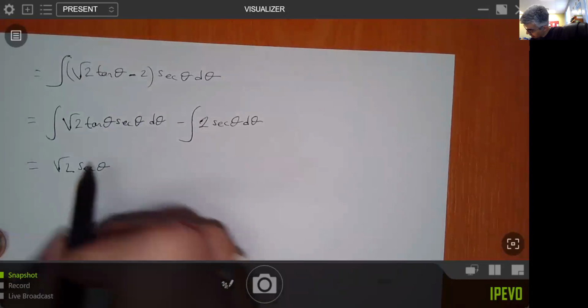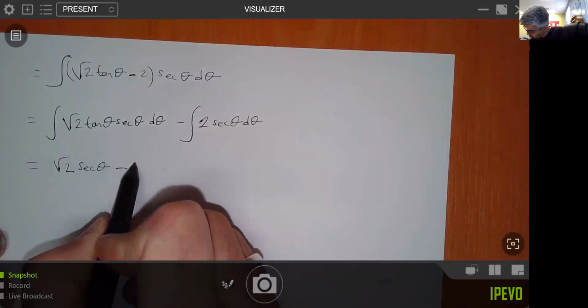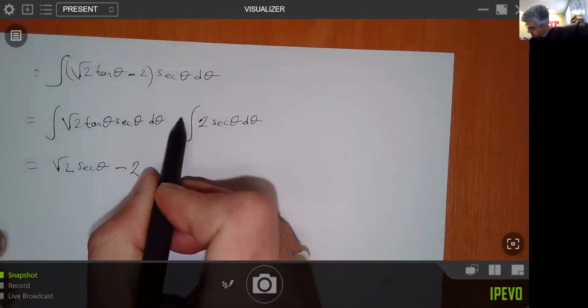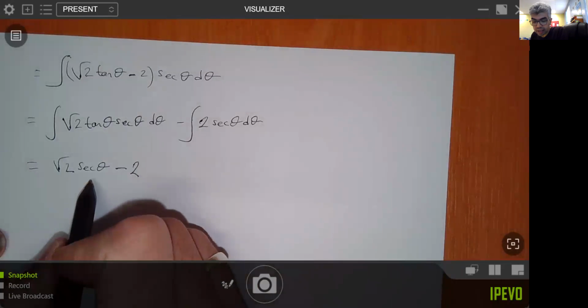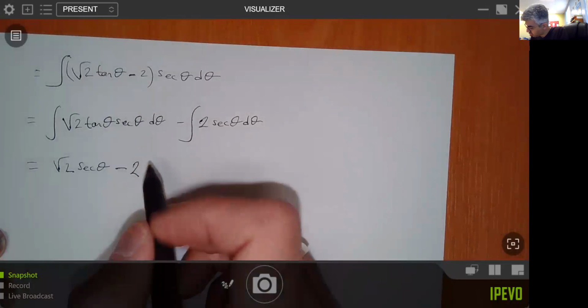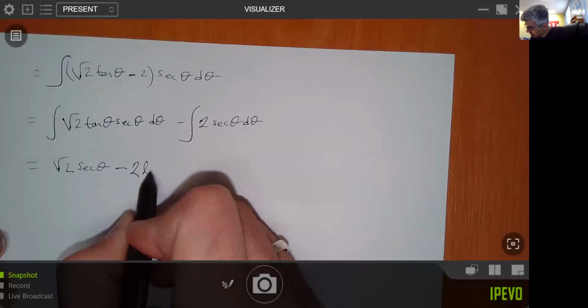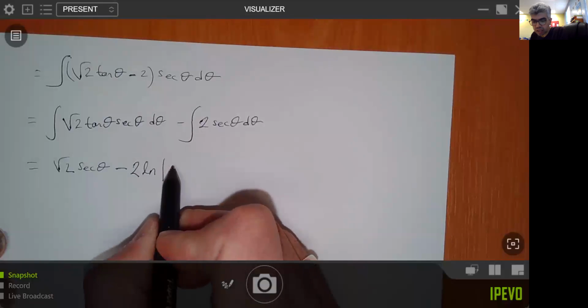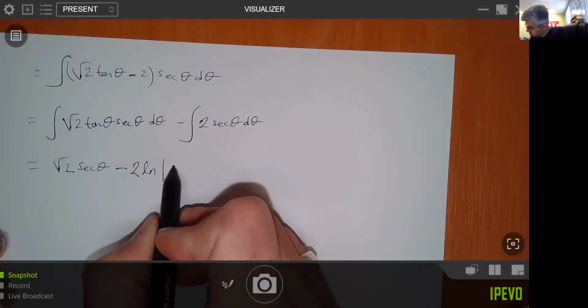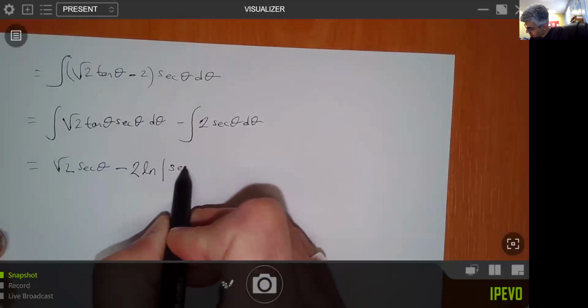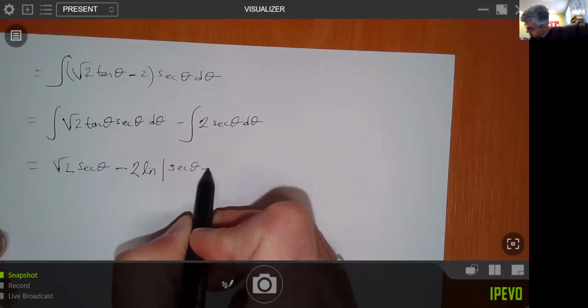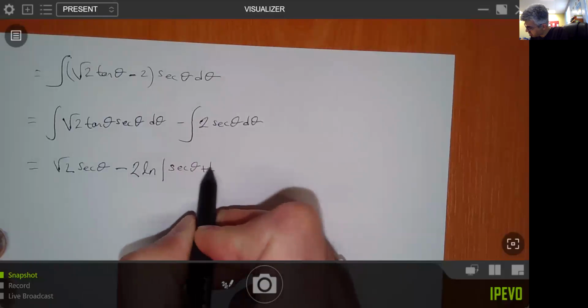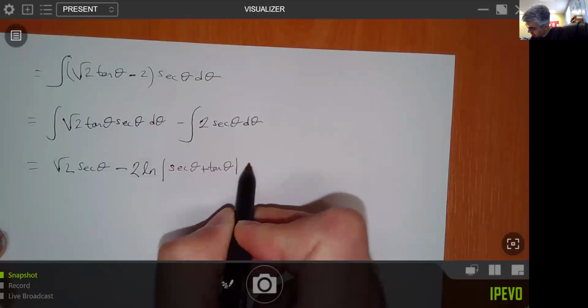And then minus 2, that 2 we would write here. And then, because of the same reason, it's ln of secant theta plus, I think, right? Minus or plus, tangent theta, and plus c.